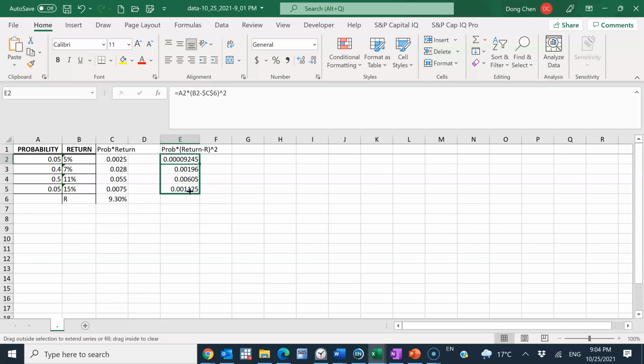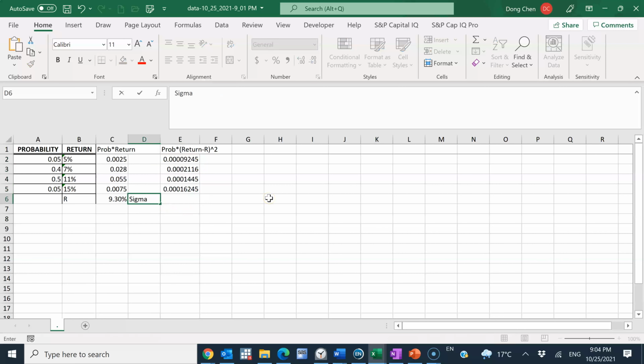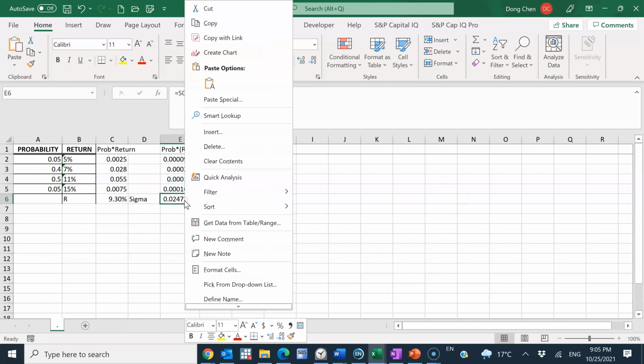So now I can drag the cell to the other years, and this will give me the standard deviation, sigma. Actually, by taking the square root of that, equals SQRT, and then I sum up all these 4 products, and then just close this, and that will give me sigma, which is the standard deviation.